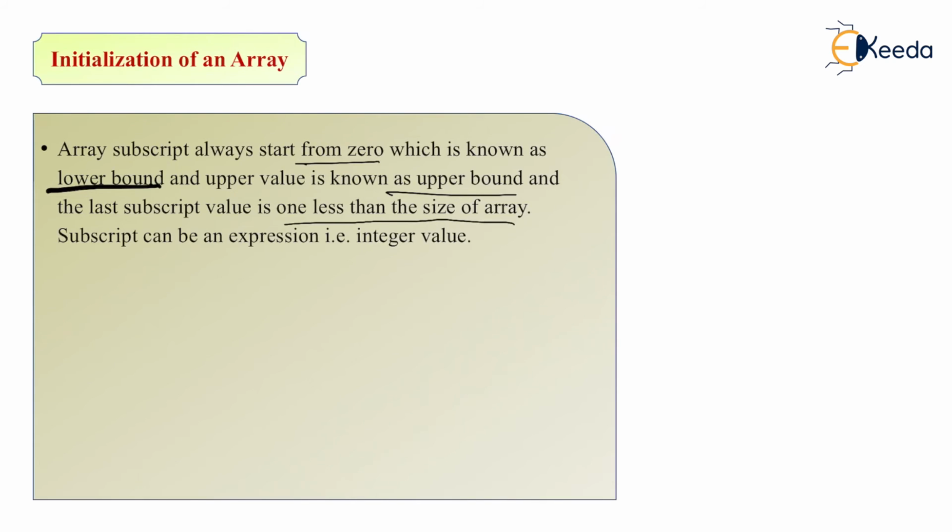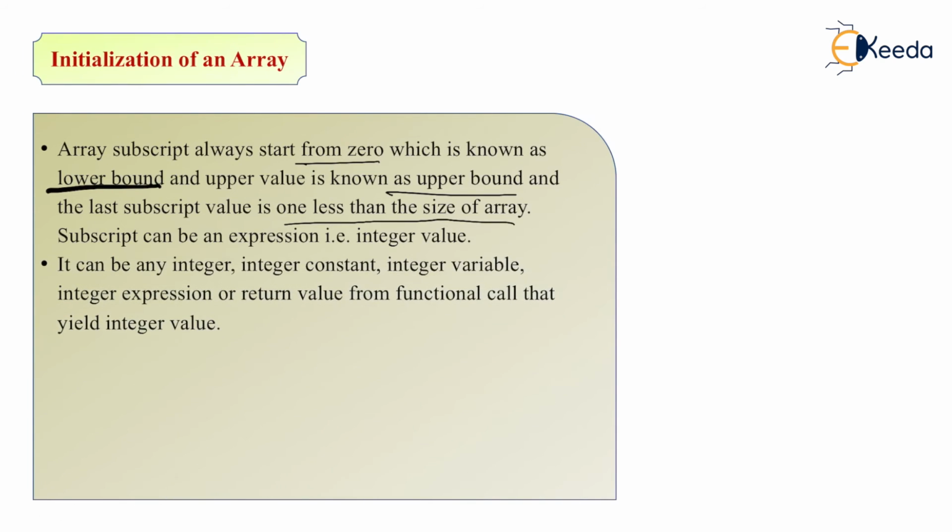The subscript can be an expression, that is, an integer value. It can be any integer constant, integer variable, integer expression, or any return value from a function call that yields an integer value.